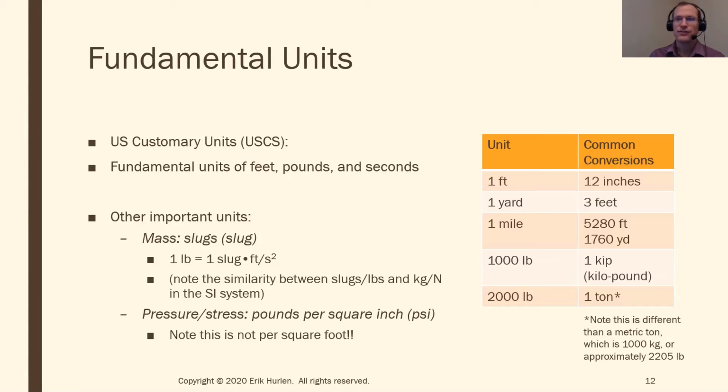So again, that's another quirky thing about good old US units, using inches for PSI instead of feet. And then of course your conversions. So 12 inches in a foot, 3 feet in a yard. In case you don't know those, here's a handy little reference table that you can refer to. Also note that there are different versions of tons. So a metric ton and a US ton are different values.